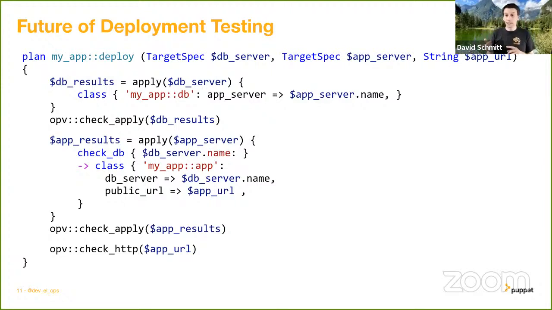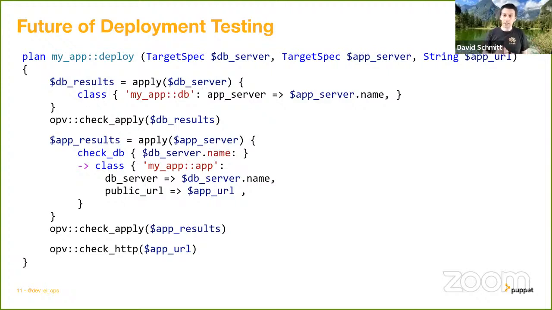And then if the database is accessible, it reconfigures the application server to use that database and be accessible on a specific URL. Again, the example is entirely hypothetical. I didn't even try to see if that is valid syntax, but I believe it is mostly. And then at the bottom, we again check that the application went correctly with check resources inside that app class.